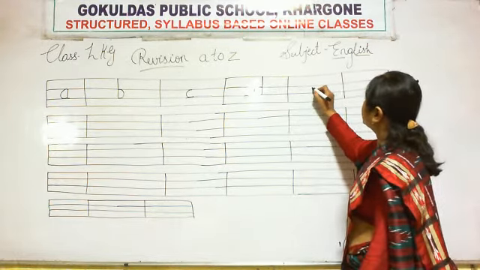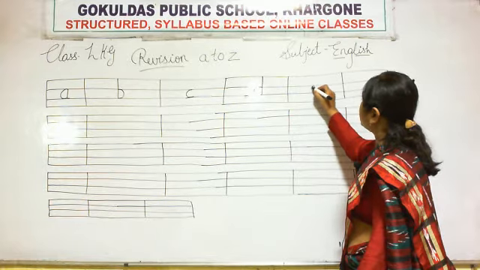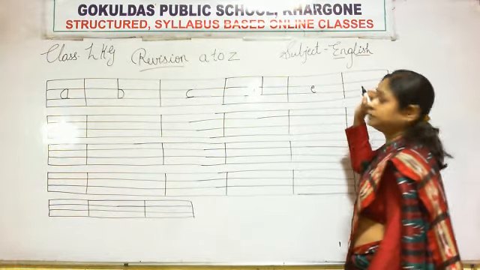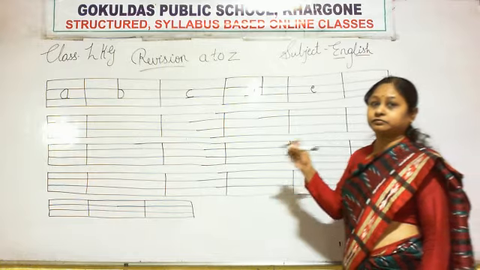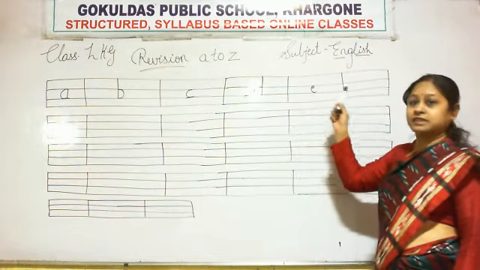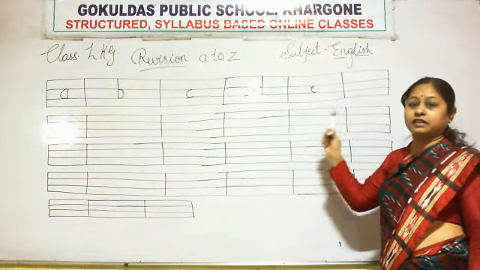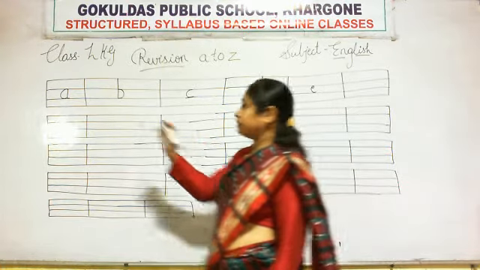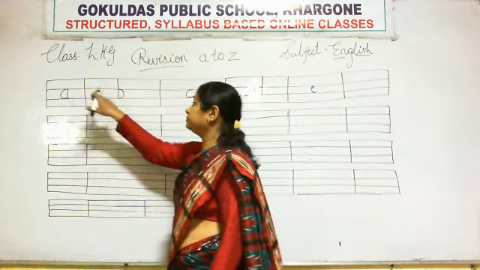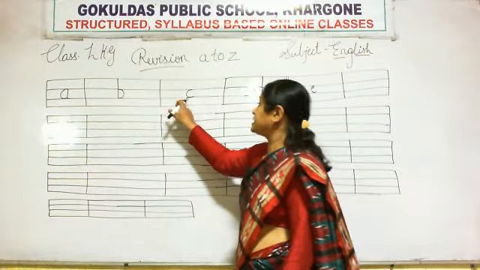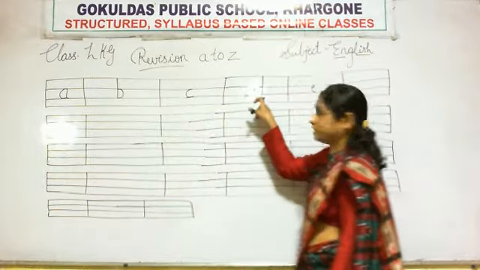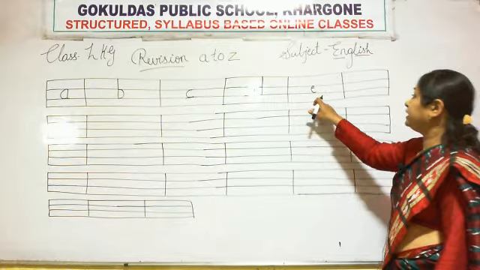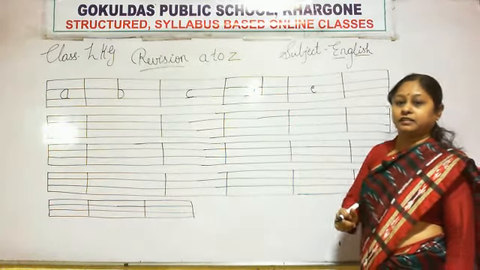Okay. Like this. First curve, then turn and then make a curve. So which letter is this? Small letter e. A, B, C, D, E. Written?